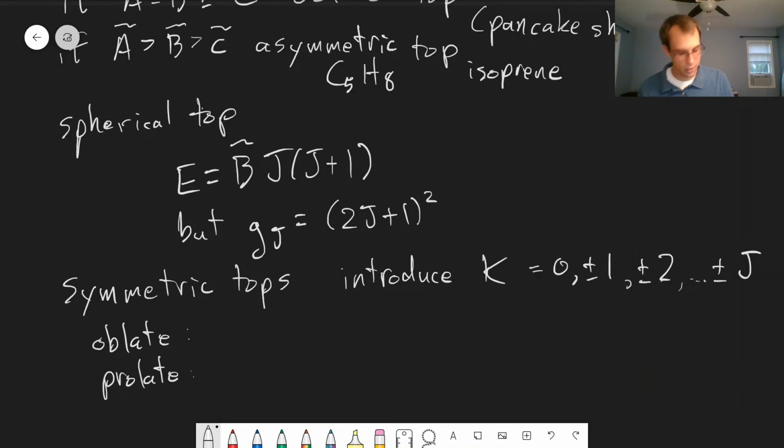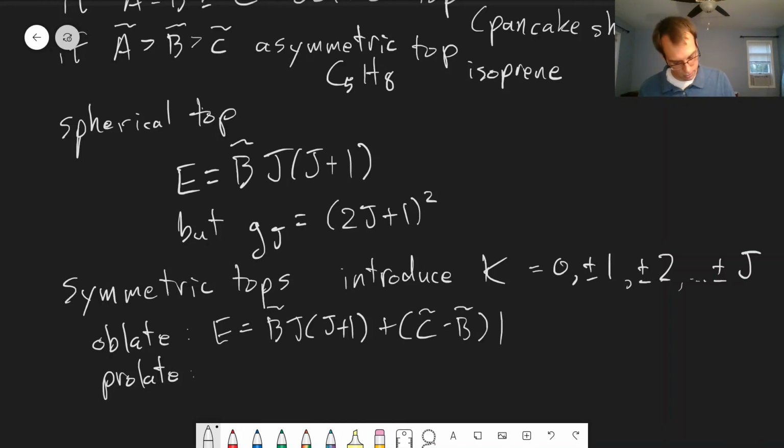So for an oblate top, E equals B, and this is ignoring centrifugal distortion, B times J times J plus 1 plus the difference of C and B times K squared. The degeneracy depends on J and K, and it's 2J plus 1.